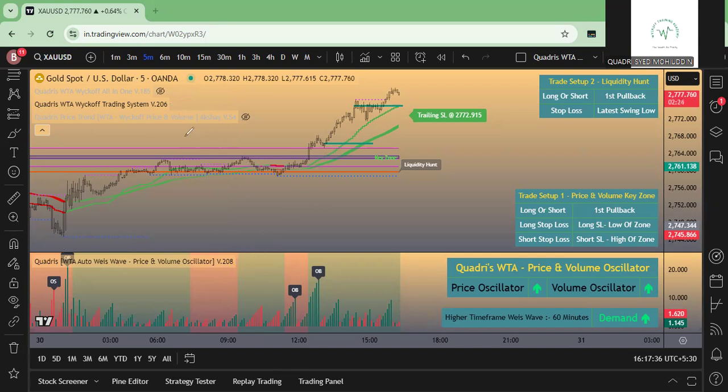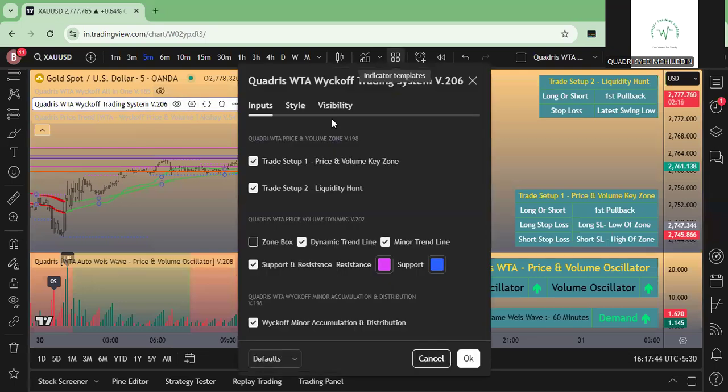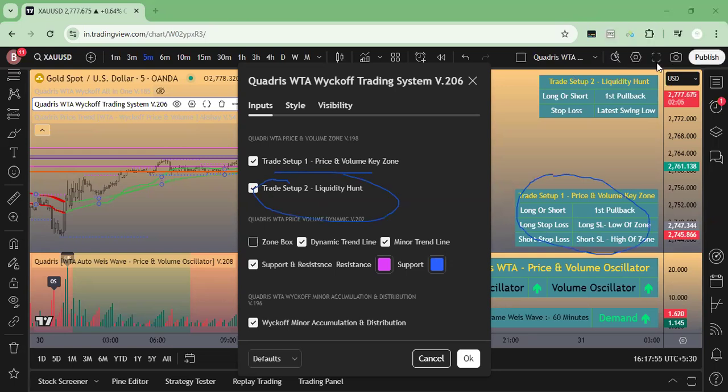To begin with, yesterday I talked about this 206 version, and spoke about trade setup, price and volume, which is here, trade setup liquidity, which is over here, and simple first pullback in both ways.